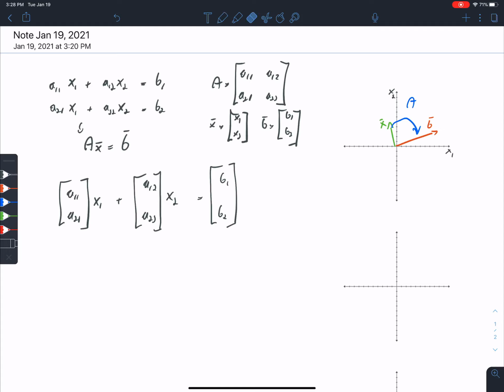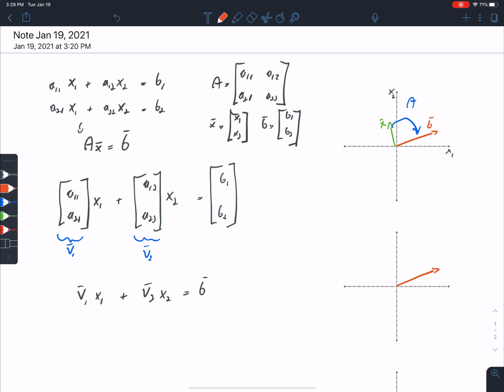For example, let's take the blue color here. I'm going to rename this vector v1, for example, and I'm going to rename this vector v2. So another way to write the equation above is that we have v1 x1 plus v2 x2 equals our vector b. So here again is our vector b from our previous example.